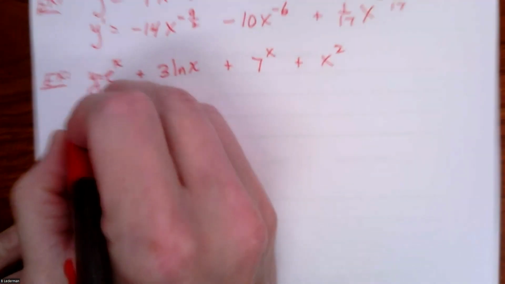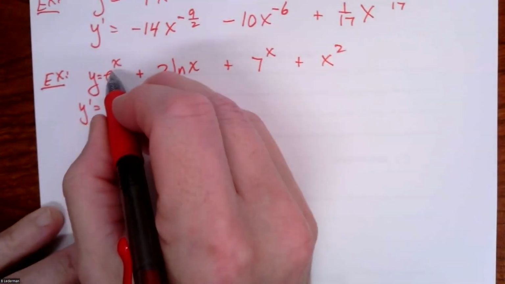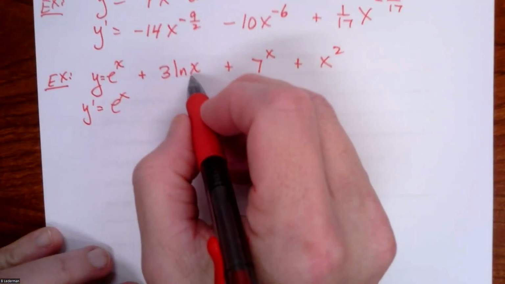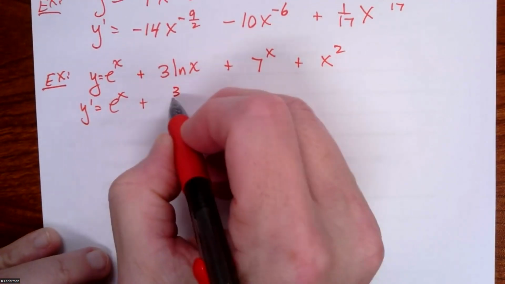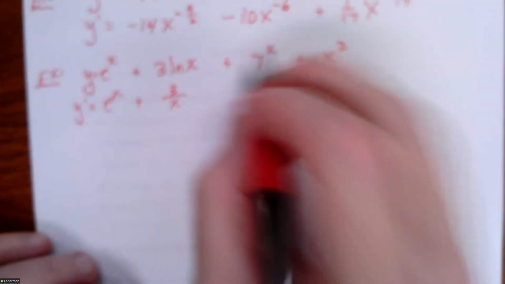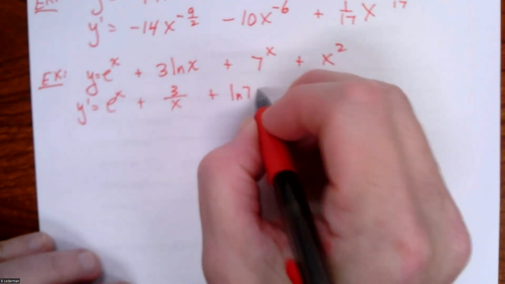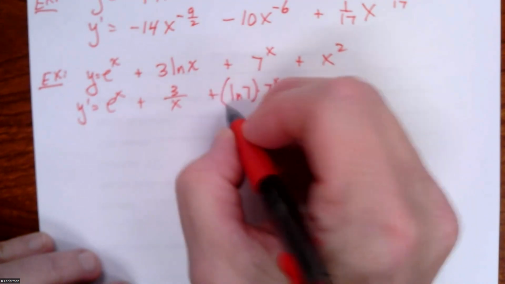What is y prime? Well, we could just do each of these one by one. The derivative of e to the x is just e to the x. That one's nice and easy. The derivative of ln x is 1 over x. So this becomes 3 times 1 over x, which is just 3 over x. This guy over here becomes ln 7 times 7 to the x. Now I'm going to put parentheses here.